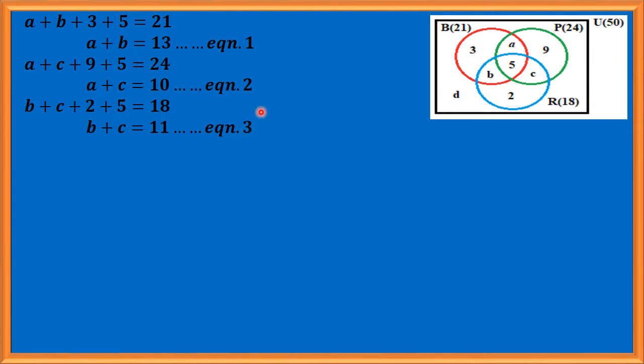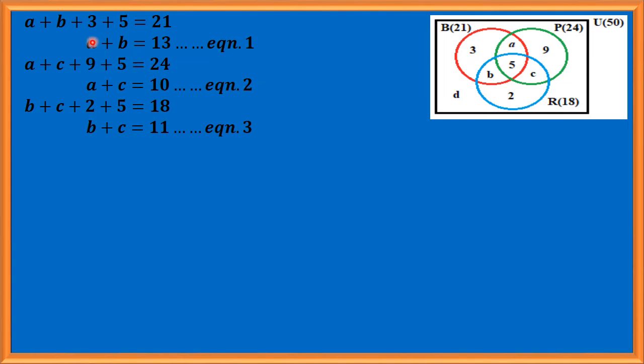When you look at equation 1 and equation 2, you see that they have a common term, which is A. In order to find A, B, and C, we have to solve the three equations here simultaneously. So first of all, let's pick equation 1 and 2.